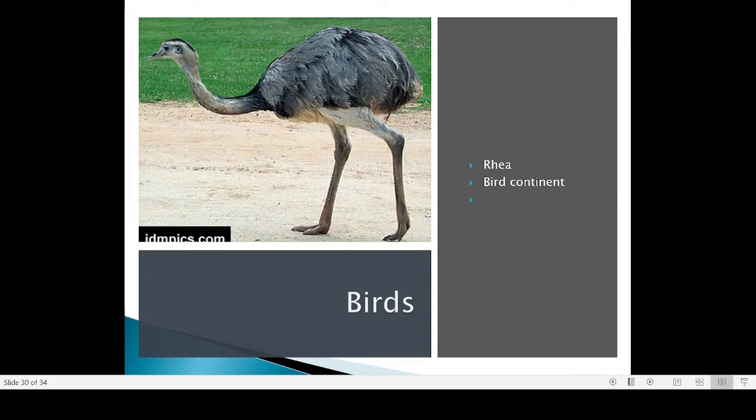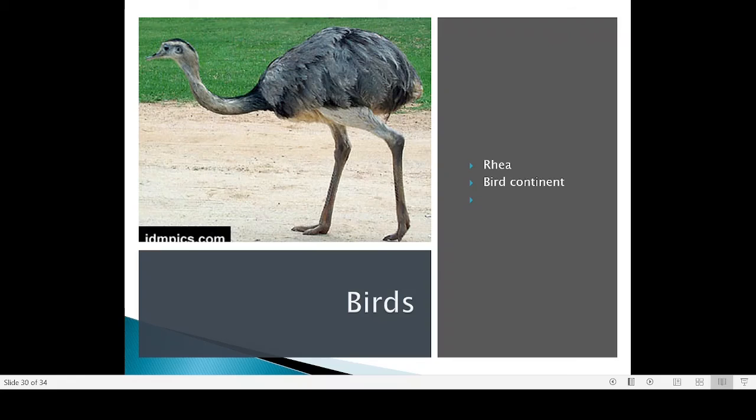Now there are several species, and one important bird is the Rhea americana. It's a flightless bird native to the eastern regions of South America, especially Argentina, Brazil, Paraguay, and Uruguay. In these countries we can find the greater Rhea, or Rhea americana, and it has a life expectancy of around 10 years or more.